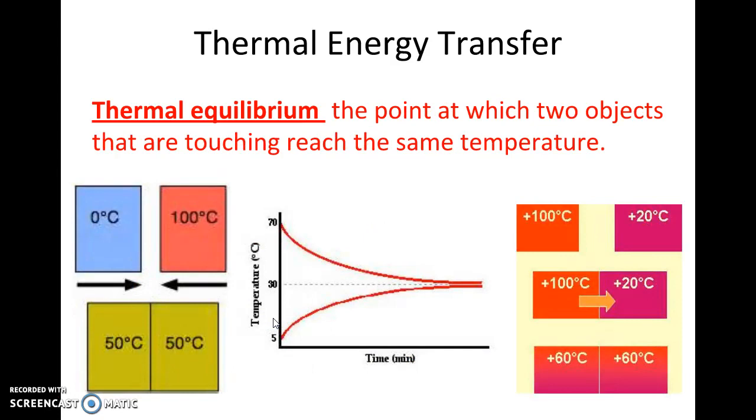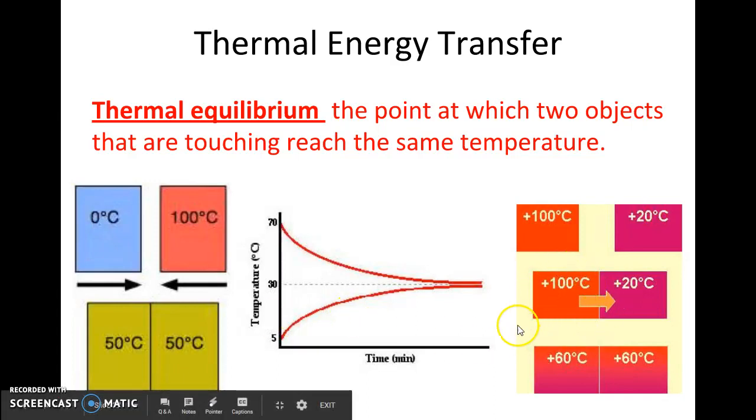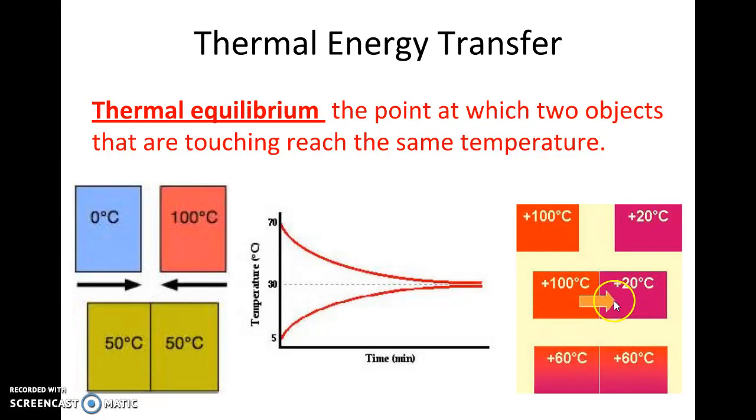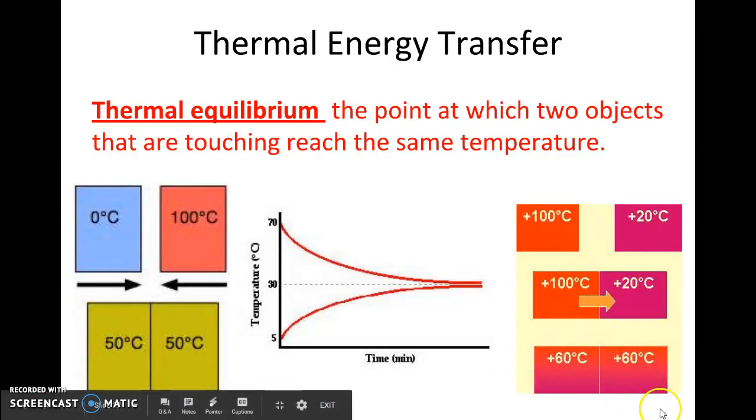And again, thermal equilibrium is the point at which two objects that are touching reach the same temperature. So here we have an object that is 100 degrees Celsius. Here we have an object that is 20 degrees Celsius. The 100 degrees Celsius is transferring heat energy to the 20 degrees Celsius until they reach a balance of both being 60 degrees Celsius.